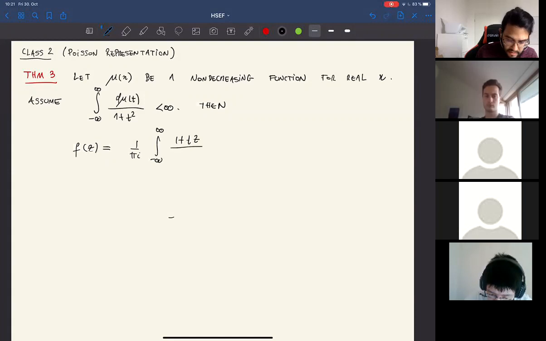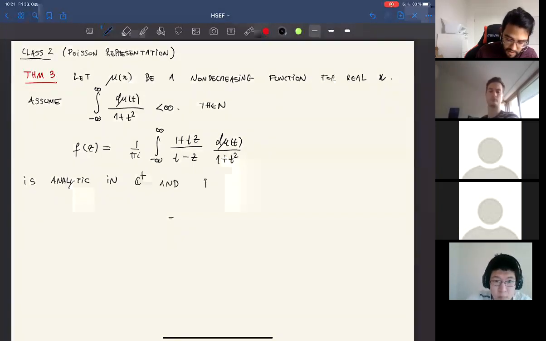Branges likes to write this formula a bit differently, but if you just work out through his formula, you see that it's identical to that. So then this function is analytic in the upper half plane and has no negative real part.